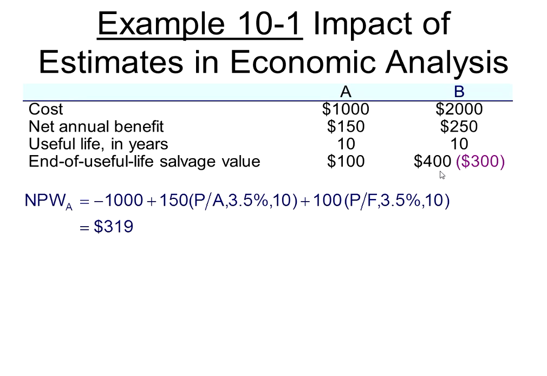So let's first take a look at net present worth of A. Again, very simple. This is initial cost, so it's in the present, so it's already present. We have a negative because it's a cost. Then we have the annual benefit, so it's an annual amount. We need to find its present equivalent.